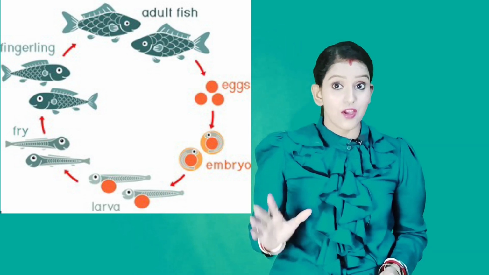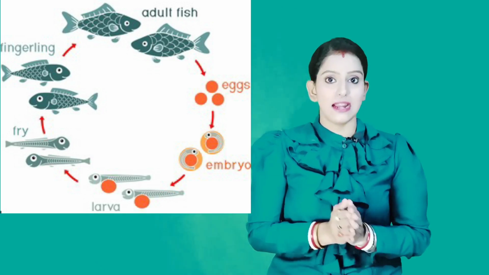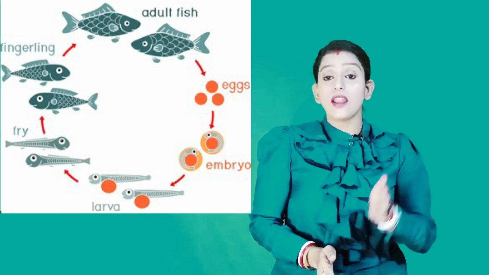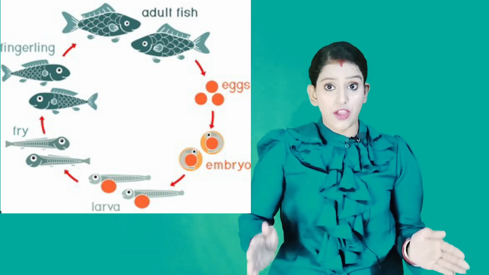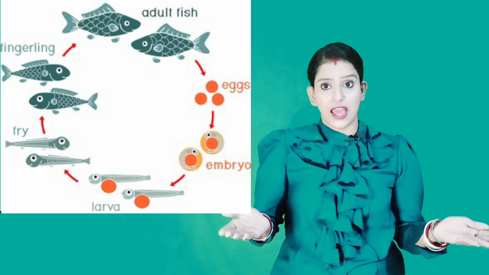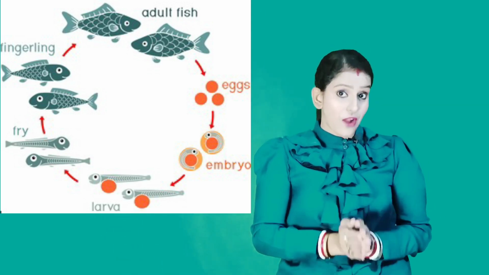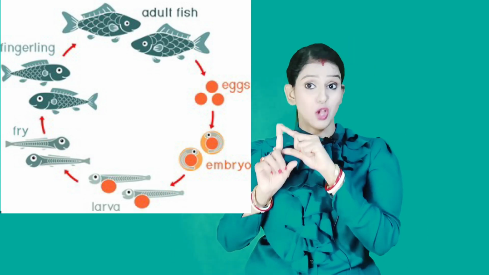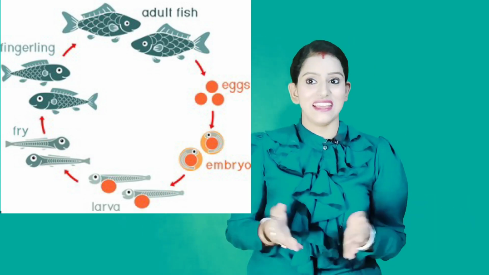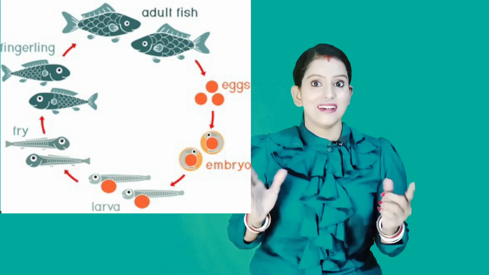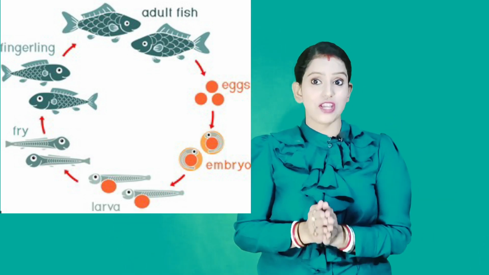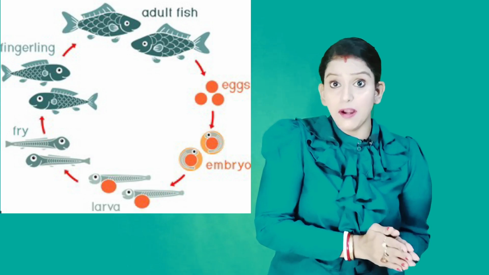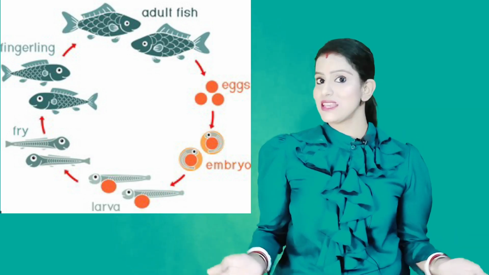Stage 5. Juvenile or fingerling. The stage between a fry and an adult fish is called a juvenile. At this stage, the fry grows to the size of a finger and is also known as a fingerling. Stage 6. Adults. When the fishes have grown and are able to reproduce, they are called adults.